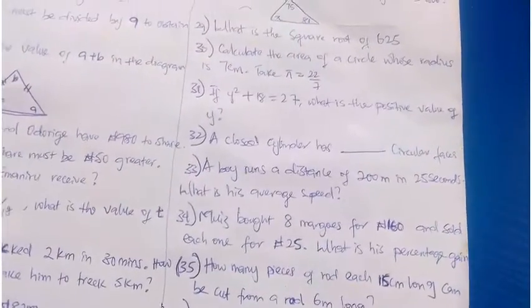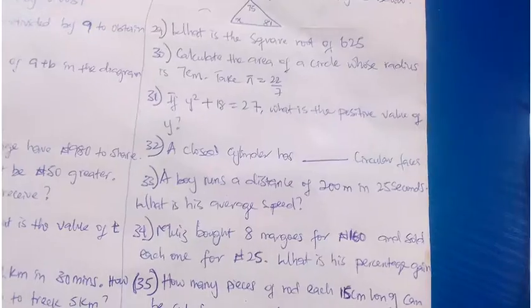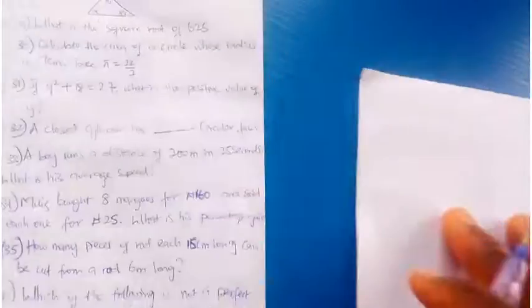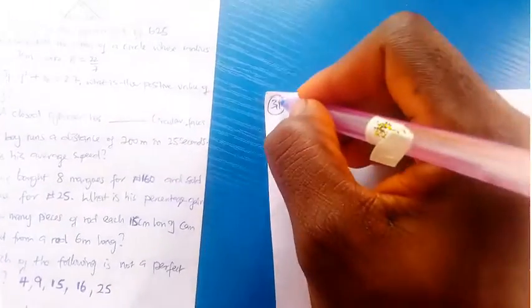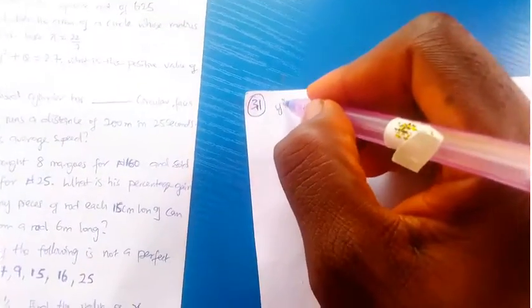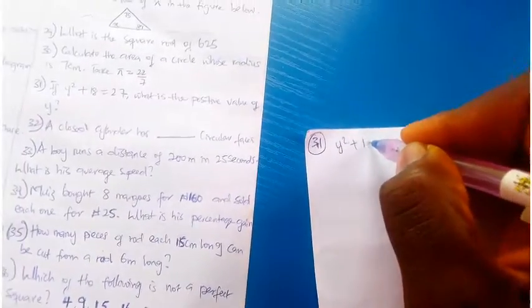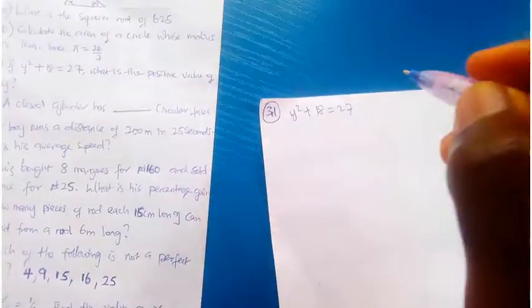Now, question 31, let's see. It says: if y squared plus 18 equals 27, what's the value of y? Y squared plus 18 equals 27. Find the value of y.